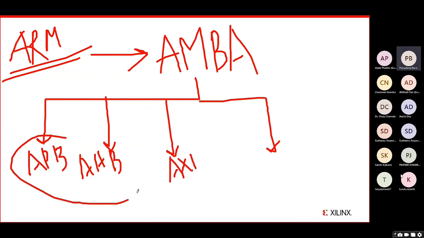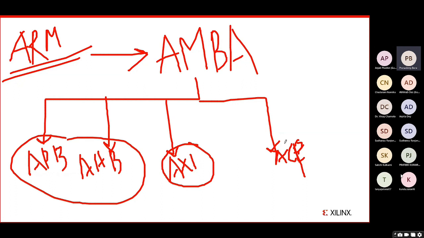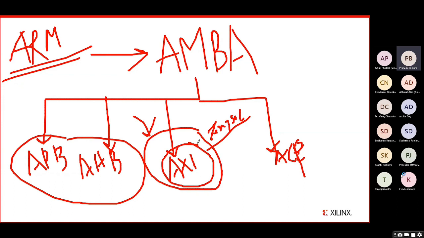APB and AHB are not that prevalent now. Most devices work on AXI or ACP ports. ACP and those things are a bit higher, so we'll not go there. We'll be focusing on this point. In the Xilinx 7000 SoC, or in Xilinx Vivado, all the peripherals that we create should be of AXI specification.